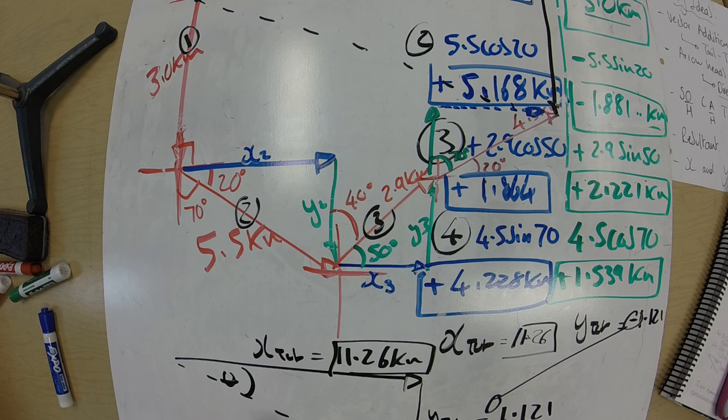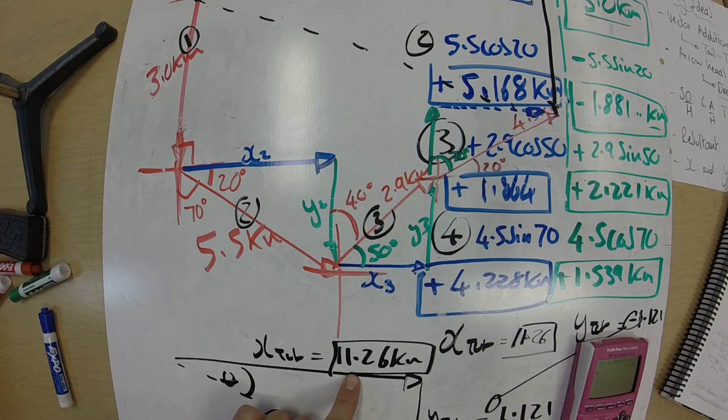Okay, this resultant then is going to be the Pythagorean theorem of these two values. So pretty straightforward. We're going to go this value squared, 11.26 squared, plus 1.121. Remember, don't put the negative sign in. Squared, and then you square root the whole thing.